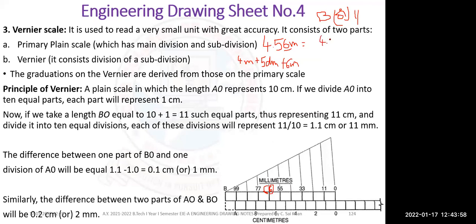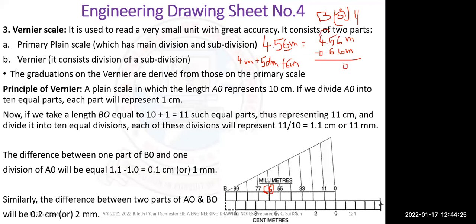So what Paul Vernier has done is, this is 4.56 and this is 0.066. So he has subtracted 0.66. This is 0.66 meters. It is 66 centimeters. So 6 minus 6 is 0.